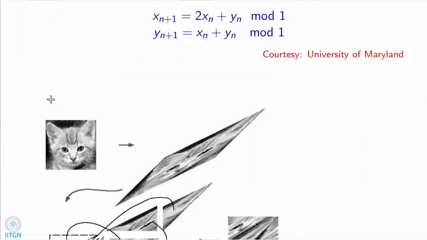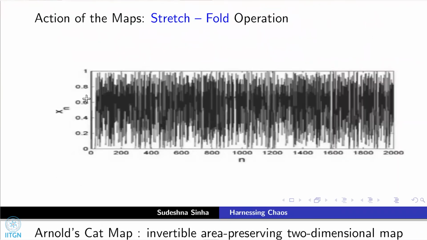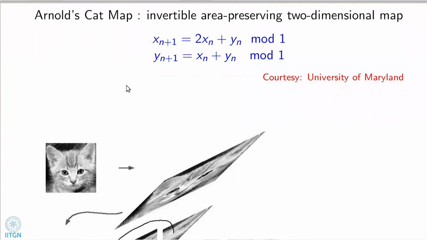The earlier maps were non-invertible because for every x of n, you can have two values of x which can lead to it, since with a non-linearity, two values can give the same x. You can think of this mapping as one of the simplest area-preserving ones. If you look at the determinant, you will find out. So it's an area-preserving, two-dimensional system.